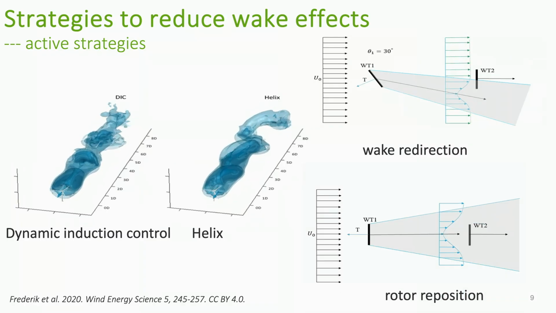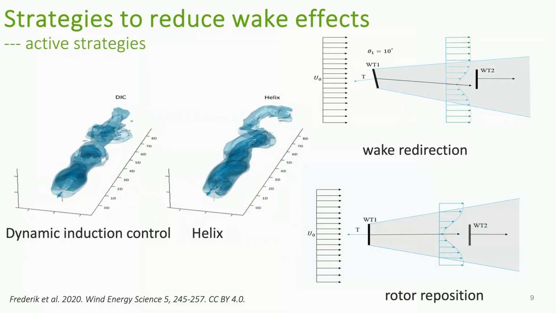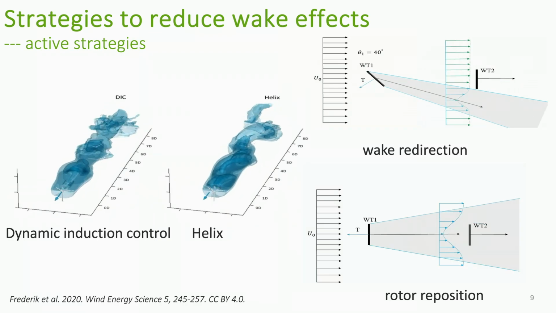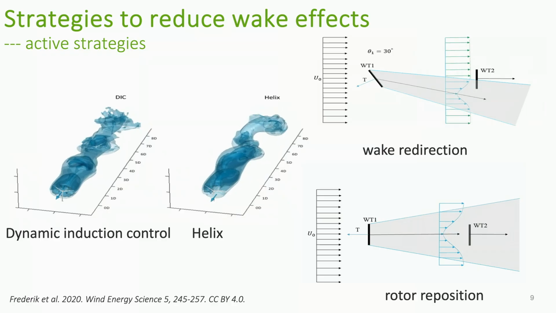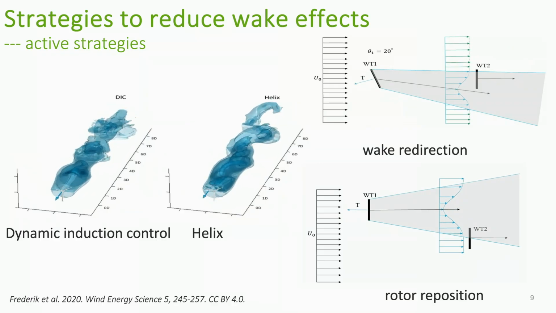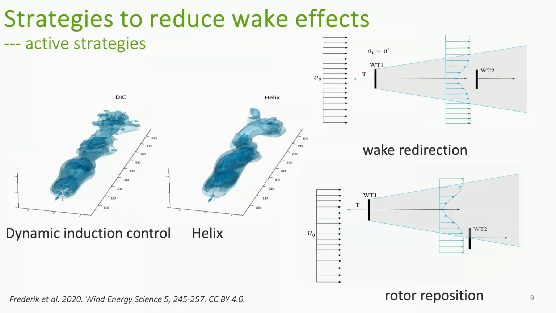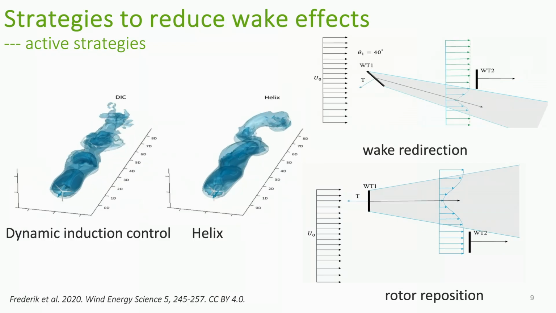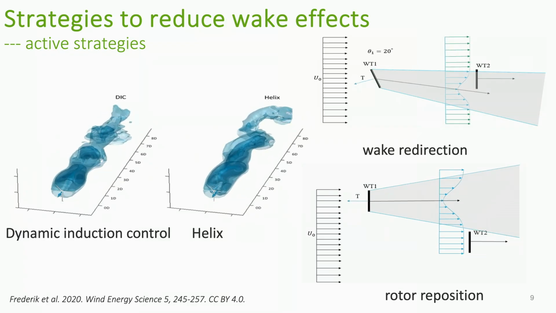The animation on the bottom right illustrates the rotor repositioning, where the rotor is physically shifted laterally by utilizing the additional degrees of freedom available in floating wind turbines to reduce the wake interference. As a result, the downstream turbine is exposed to higher wind speed and experiences less wake-induced energy loss in both cases.